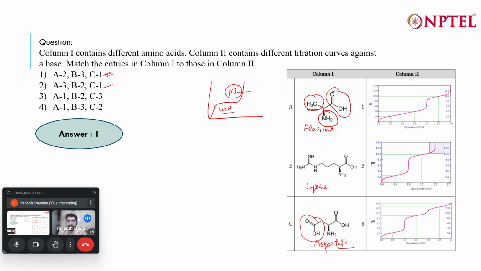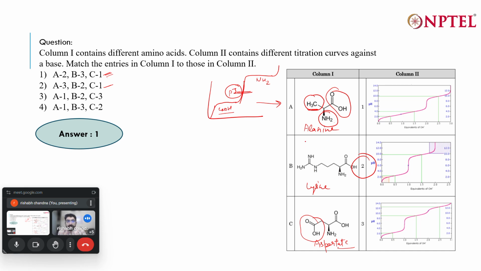At the pI this particular peak comes, and then again it sees a saturation, and this is for the NH2 group. Then it goes up. So this is a basic titration curve for an amino acid, this is for alanine, so this is option number 2.